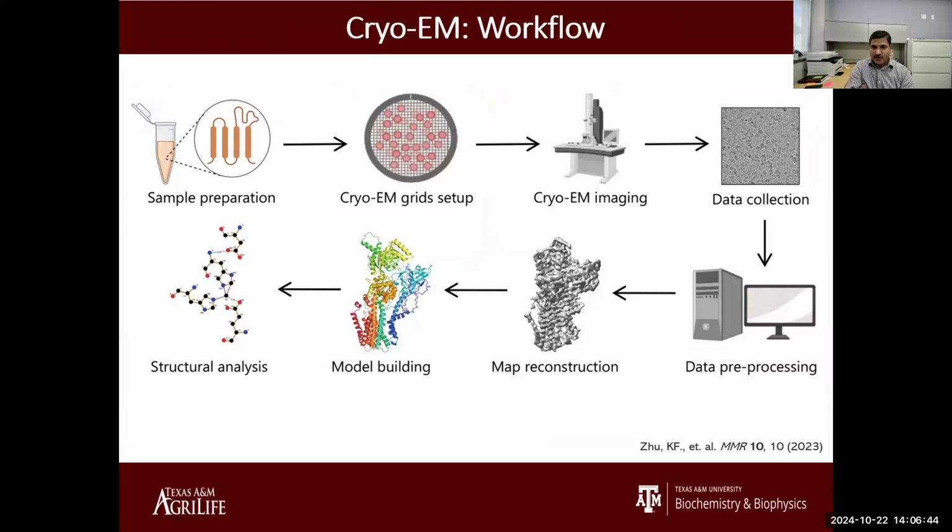Here's the typical workflow for single particle analysis. You have a sample, you freeze the grids, and then you do imaging. Then you collect the data, and then you obviously use something like HPRC or some cluster system to process the data, and then you get the map, and then you do the model building, and finally the structure.